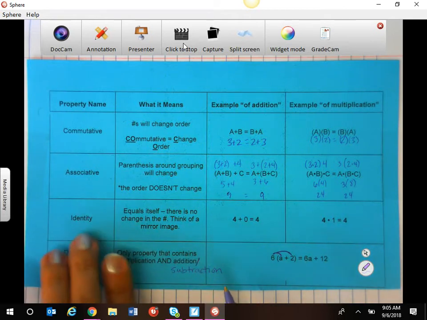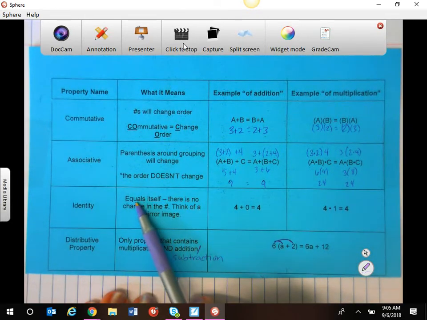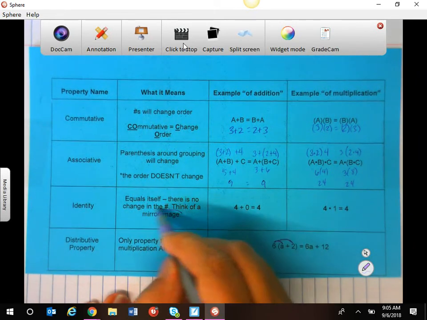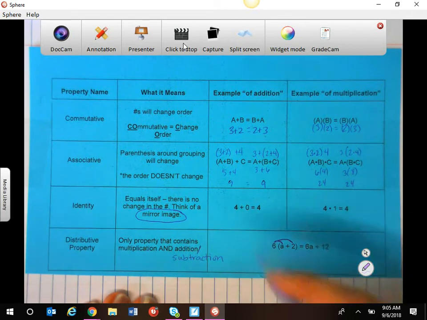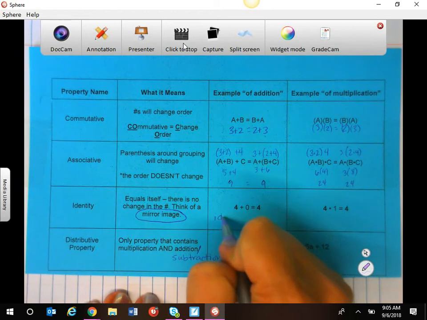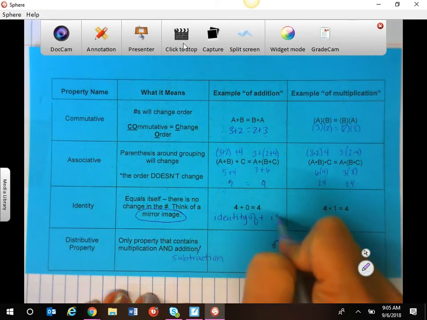Your identity is what you look like. It's who you are. So the identity property equals itself. There's no change to the number. It is a mirror image. If you're looking in the mirror, you see yourself. So if 4 is looking in the mirror, 4 plus 0, it's still 4. So the identity of addition is 0, right?